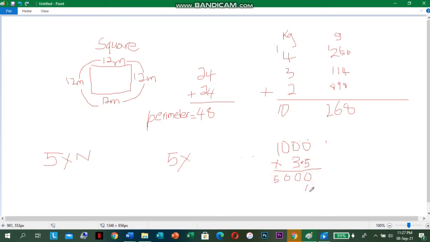Add my placeholder. 3 times 0 is 0, 3 times 0 is 0, 3 times 0 is 0, 3 times 0 again is 0, and 3 times 1 is 3.